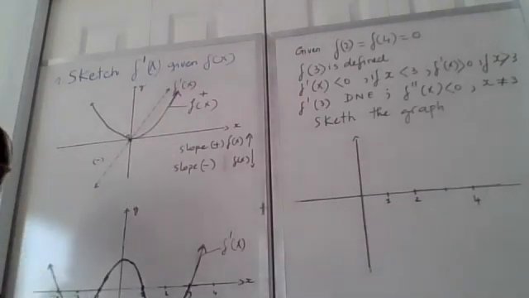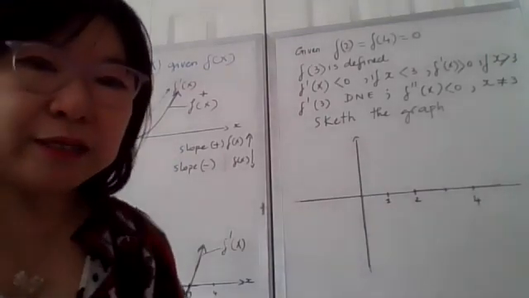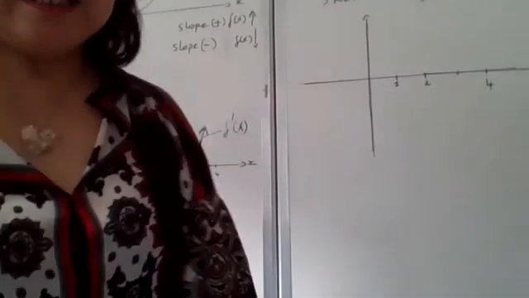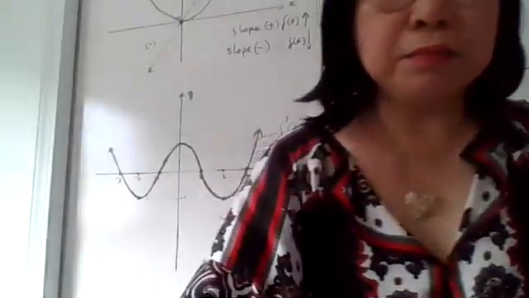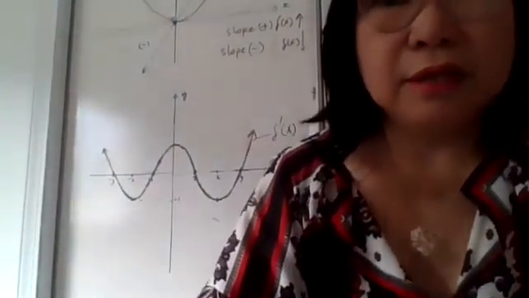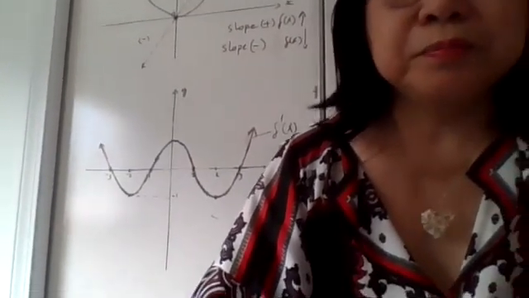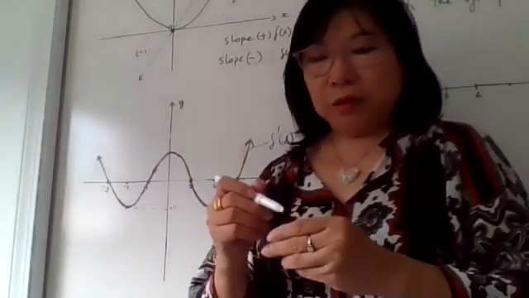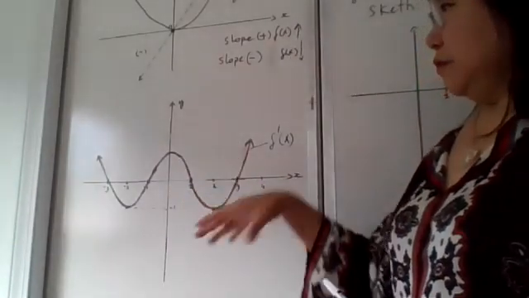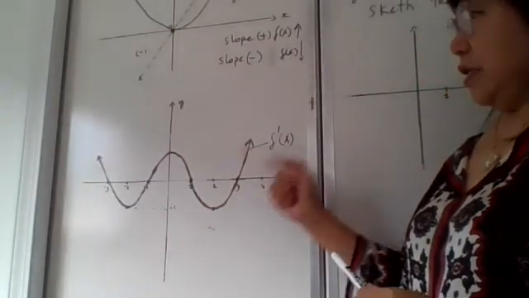So we're done with the first one. Easy, right? Now let's go to the second one. The second one is a little bit complicated, right? Okay, so if you look at the second one, now to sketch this, opposite, this is a derivative, right?